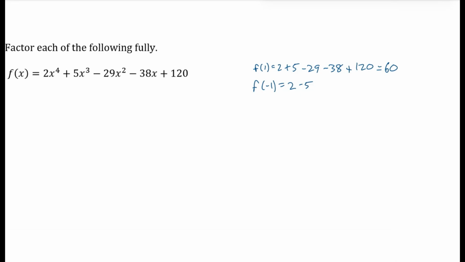This is going to save you a lot of time. Little things that save you a lot of time. Negative 1 squared is positive, so that stays negative 29. Negative 1 to the 1. That's going to flip the sign.